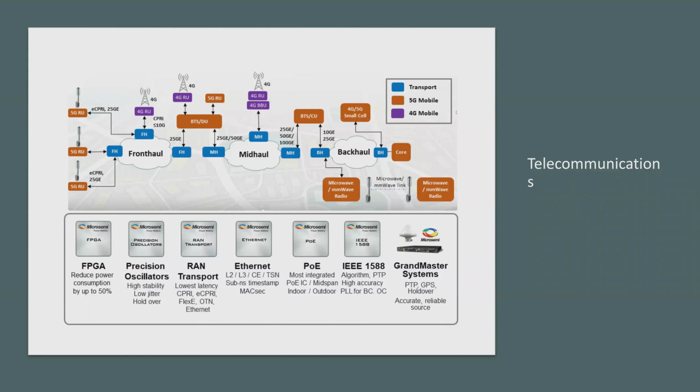Let's assume you are connected to this particular antenna. There are a lot of devices, as I'm showing in this picture. You have RU, CU and DU, and different data centers, which can be fronthaul, midhaul or backhaul.